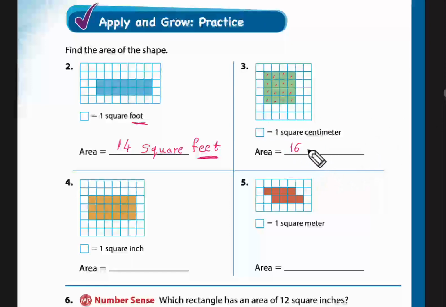Square centimeter. But this is not one. Square centimeters. Excellent. So I will just add S here because it's more than one. If it's 1 square, I will write 1 square centimeter. But because it's more than 1, I should write S.